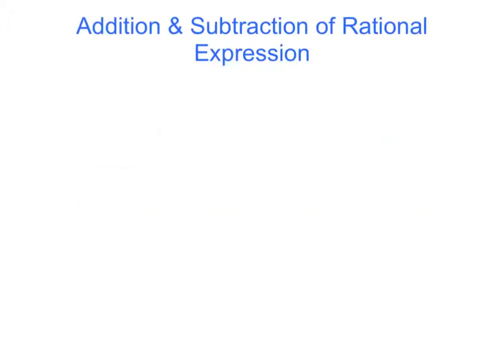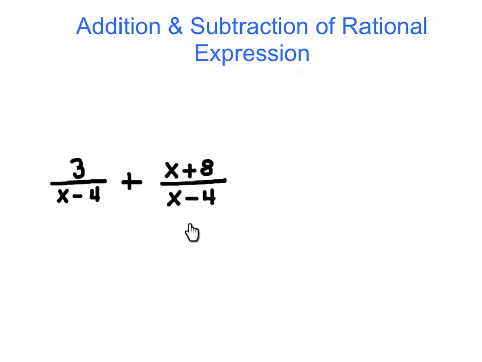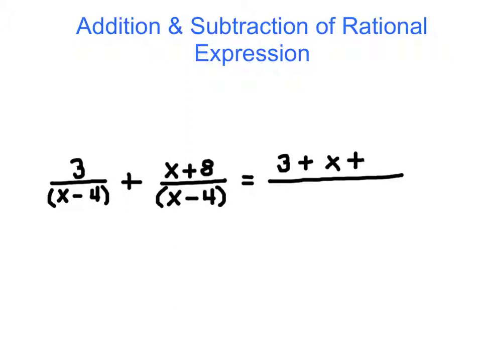Here we're looking at addition and subtraction of rational expressions. In this first problem, we're adding two rational expressions. We can see that they have a common denominator, x minus 4. When we have a common denominator, we can add the numerators together, 3 plus x plus 8, and keep the common denominator.